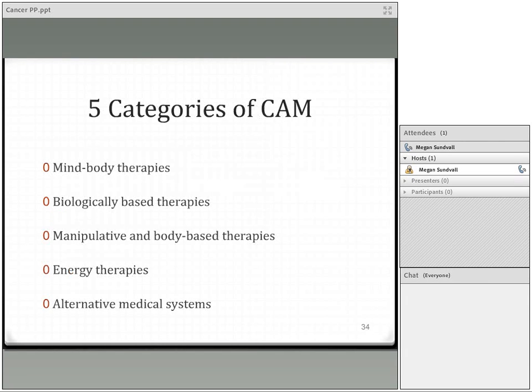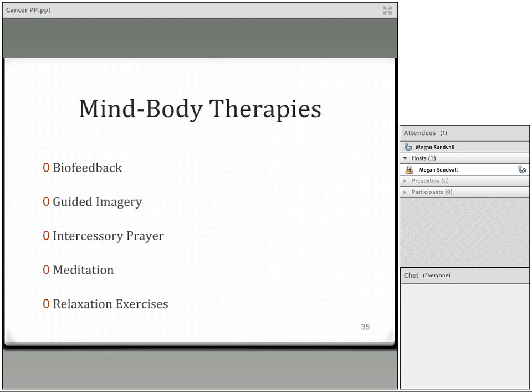Next, there are the 5 categories of CAM, or complementary and alternative medicine. You're going to see mind-body therapies, biologically based therapies, manipulative and body-based therapies, energy therapies, and finally, alternative medical systems. Mind-body therapies include biofeedback, guided imagery, prayer, meditation, and relaxation exercises.